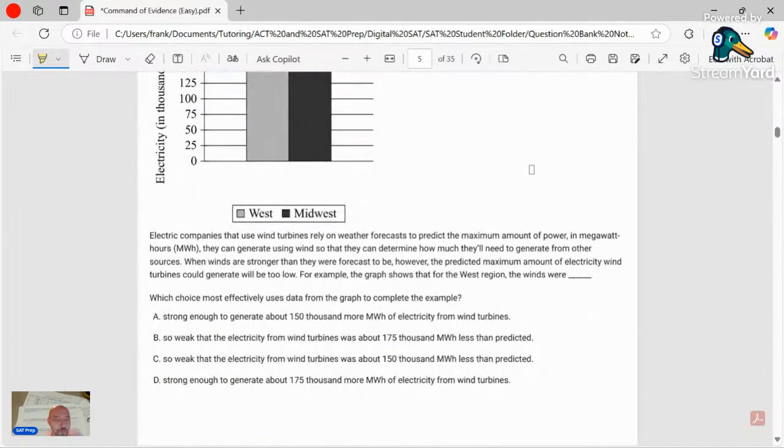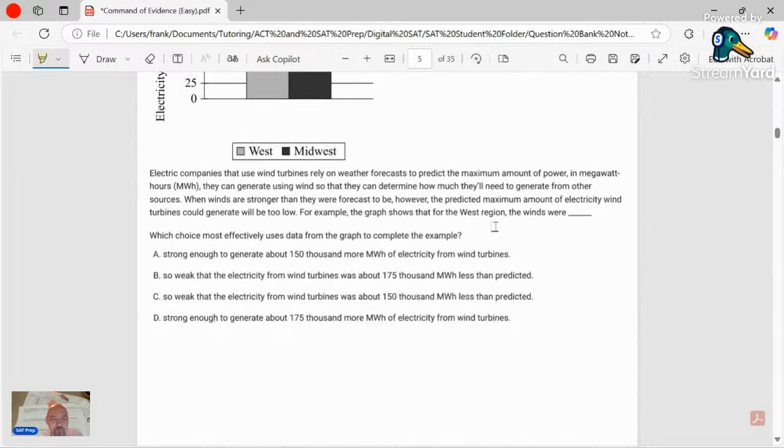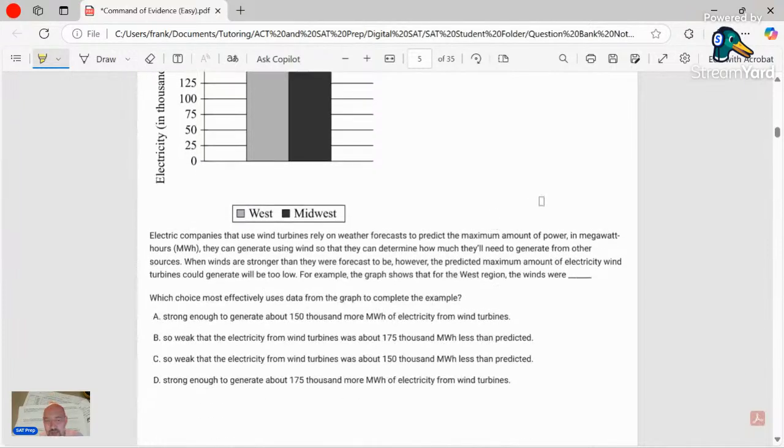All right, here's another one. Which choice most effectively uses data from the graph? All right, so let me see. What's the example? The example says the graph shows that for west regions, the winds were, well, I don't know. Let me read it. When winds are stronger than they were forecast to be, however, the predicted maximum amount of electricity wind turbines could generate will be too low.